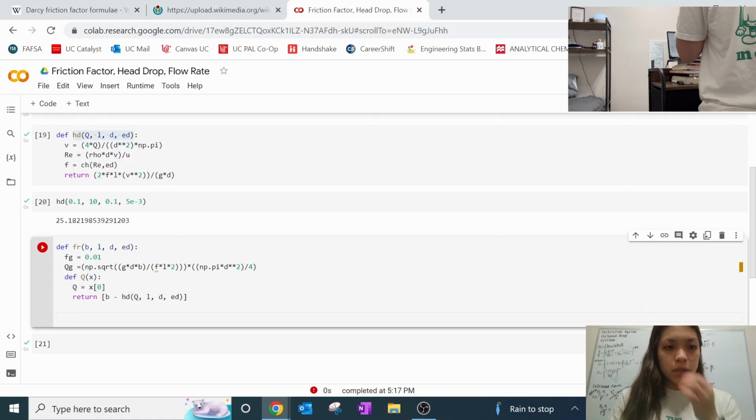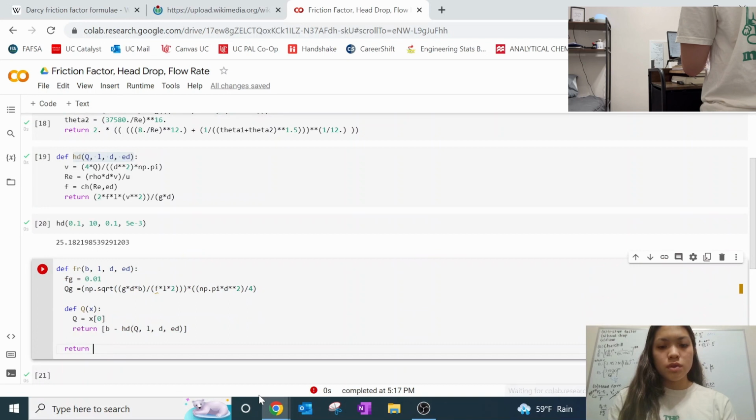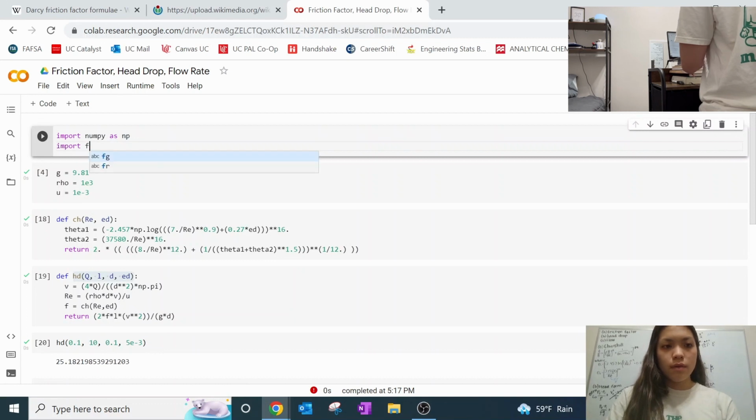And so this is where we use the root solver. To use our root solver, we will actually need to import from SciPy.optimize.